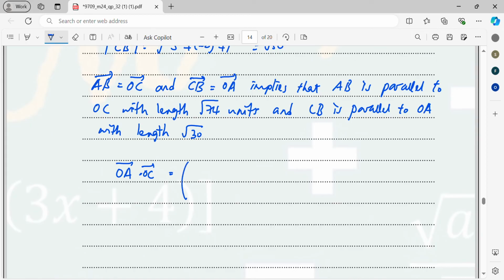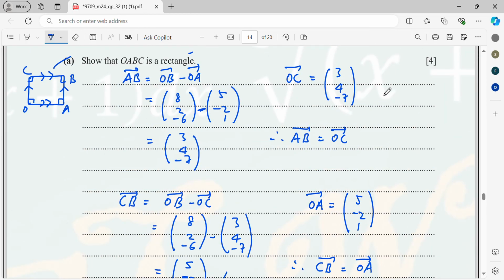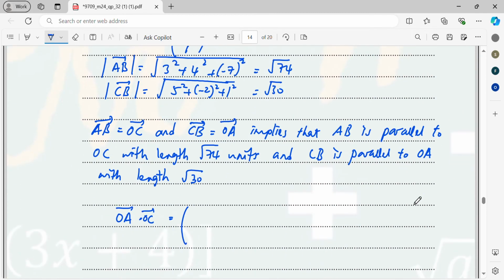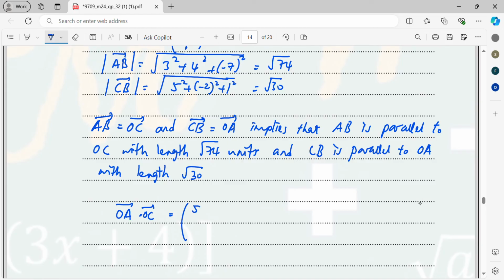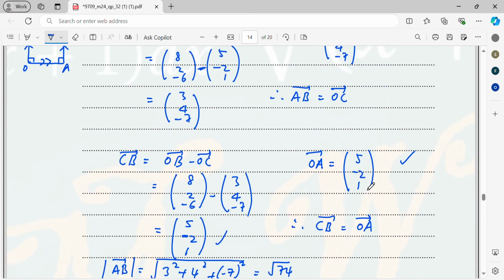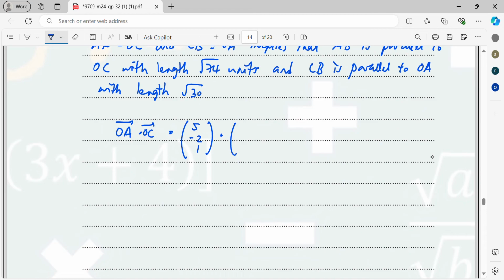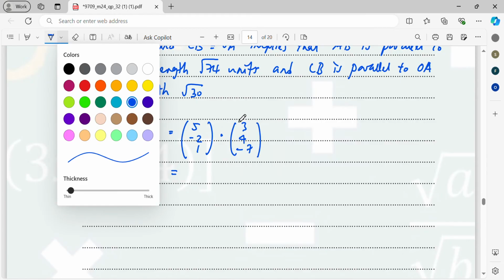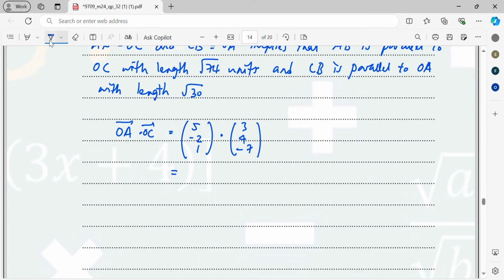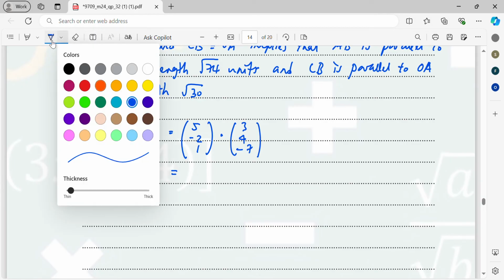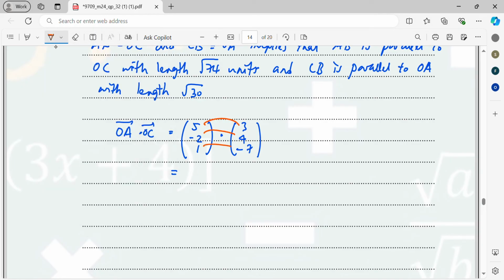So OA is 5, minus 2, 1, dot OC, 3, 4, minus 7. For the dot product, you just multiply.